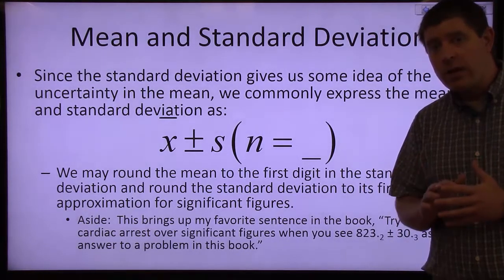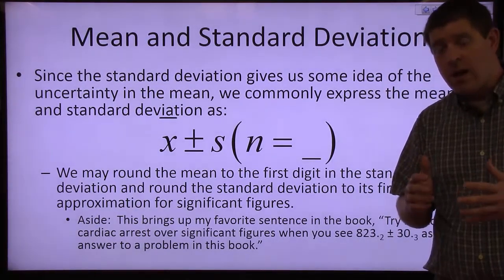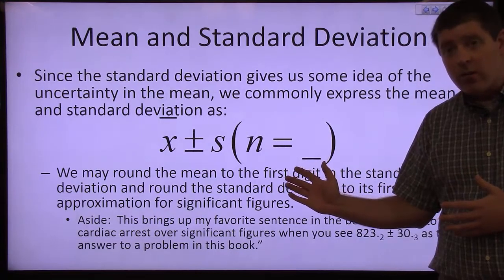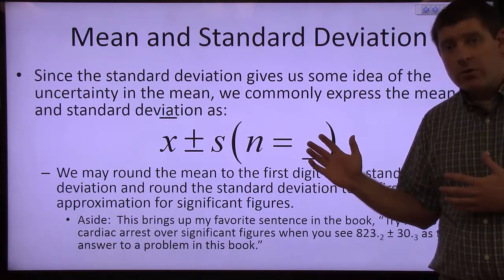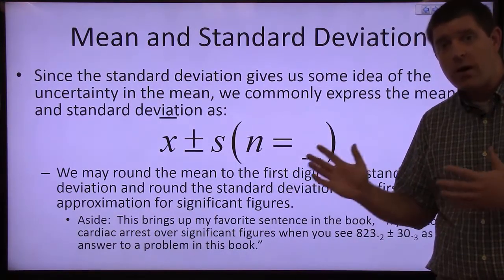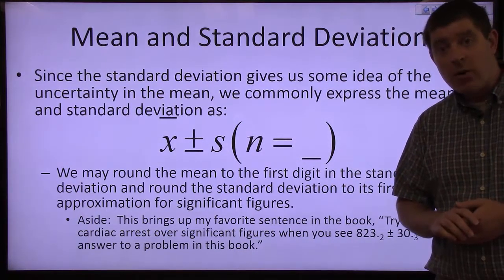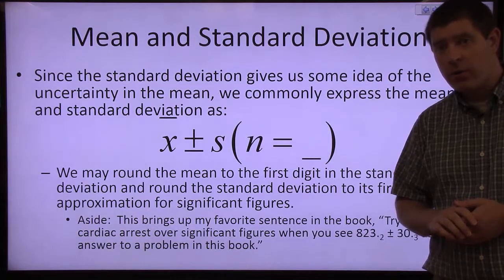Here we're actually going to keep better track of error, and in the case of sampling or measurements, we're instead going to use standard deviation as a way of describing how much possible error there is in our measurement.